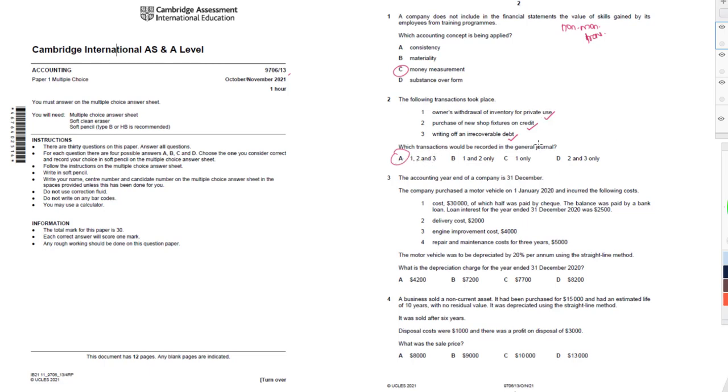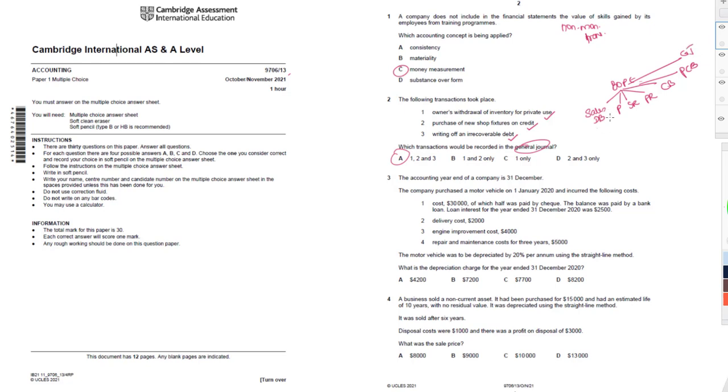Now just to quickly explain, what do you mean by general journal? So the books of prime entry are divided into the sales day book, the purchase day book, the sales returns day book, purchase returns day book, cash book, petty cash book, and finally the general journal.